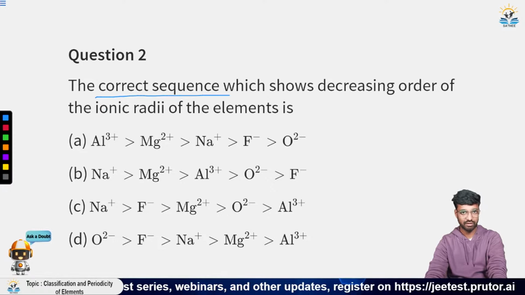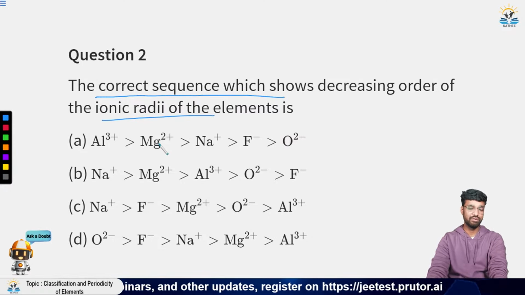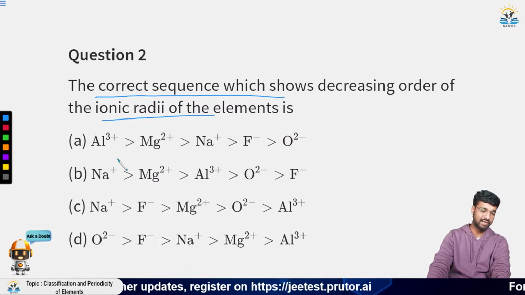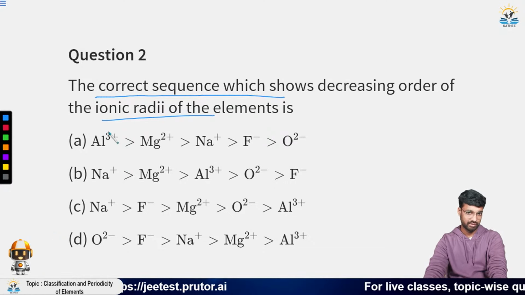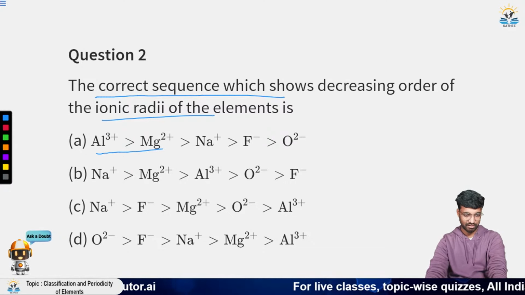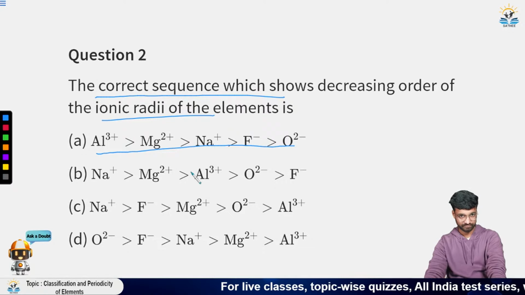Okay, so we will just assign the values accordingly. Now the correct sequence of ionic radii: we know very well that as the cationic charge increases, the size of the atom gets reduced. First we have to check whether all of these are isoelectronic or not.